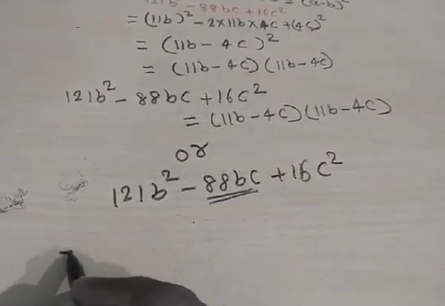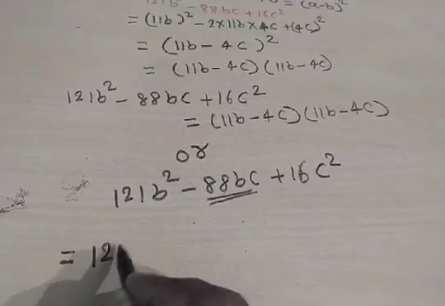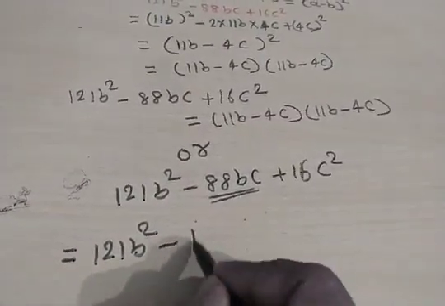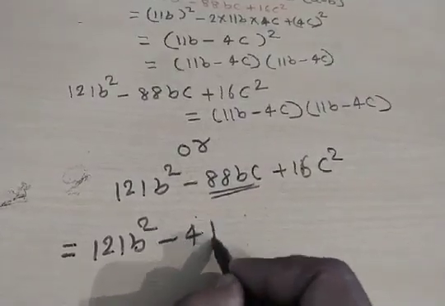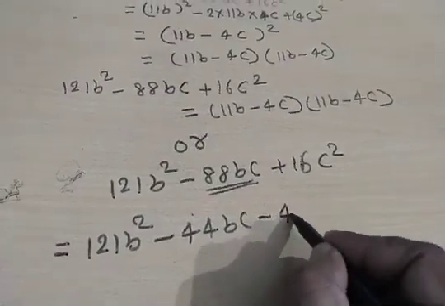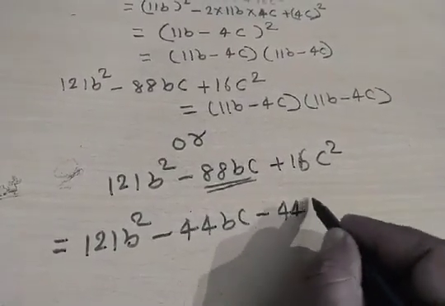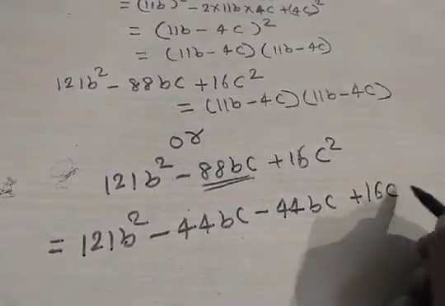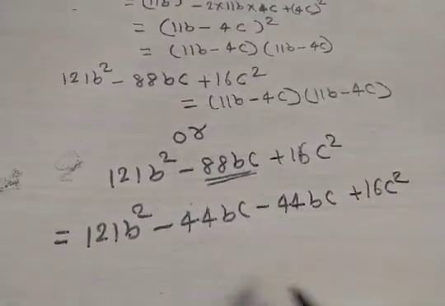So this is equal to 121 b square minus half of 88 is 44 bc minus 44 bc plus 16 c square. Clear?